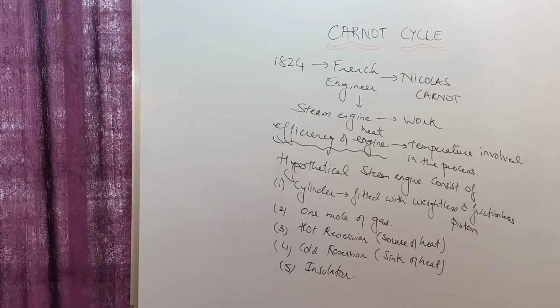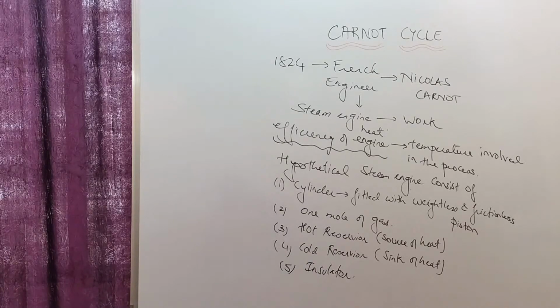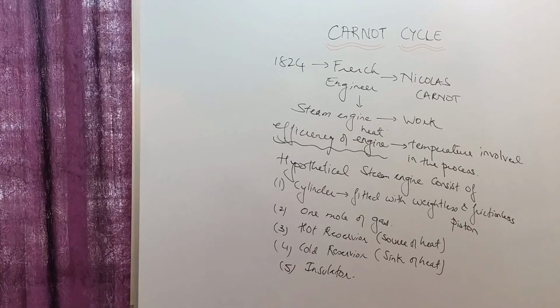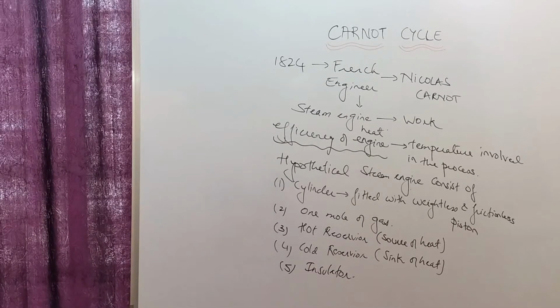Now for this particular purpose, he designed a hypothetical steam engine which is consisting of the following parts. The first one is a cylinder which is fitted with a weightless and a frictionless piston. Next we have 1 mole of gas, then a hot and a cold reservoir, and finally the insulator.